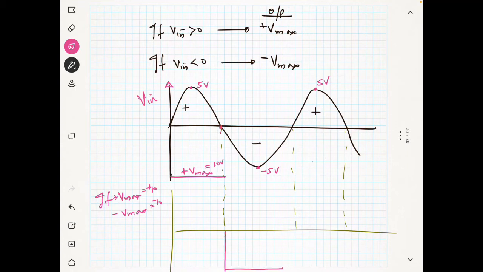This part actually shows the transition. Up to this point it will be the same. After that it will be plus 10 and minus 10, like this. If you consider plus V max and minus V max as plus 15 and minus 15, the output will be according to that.